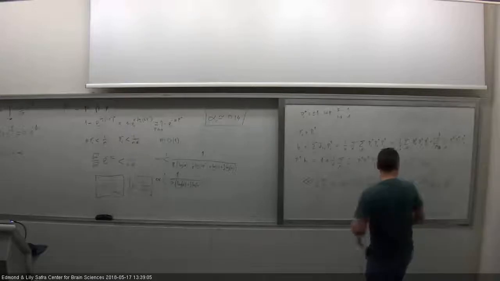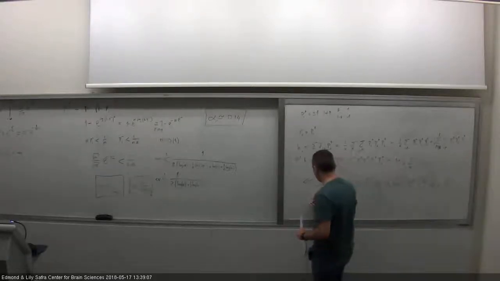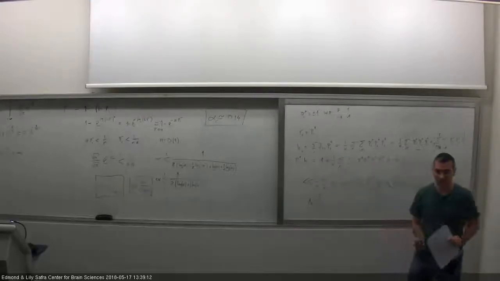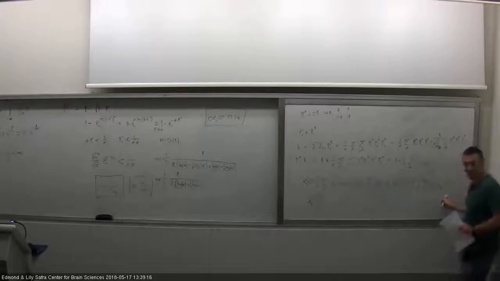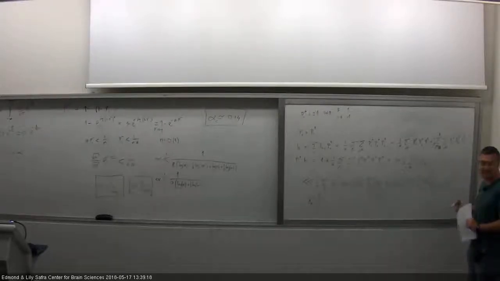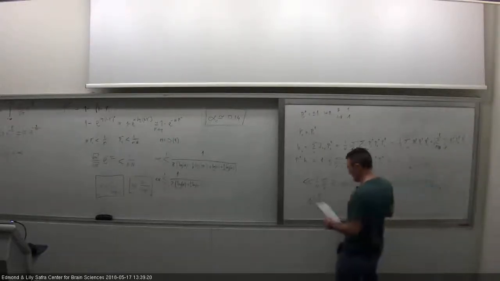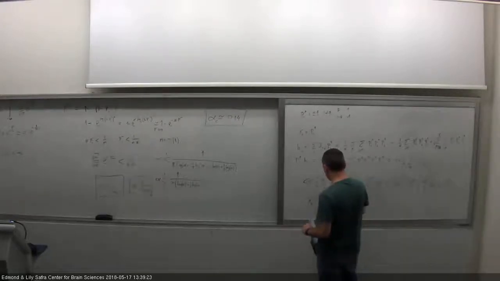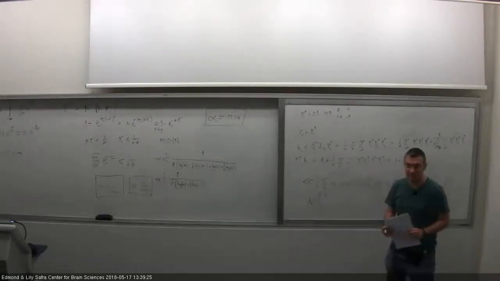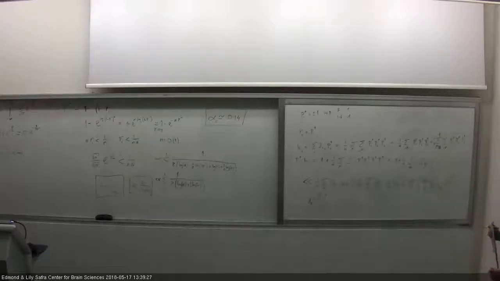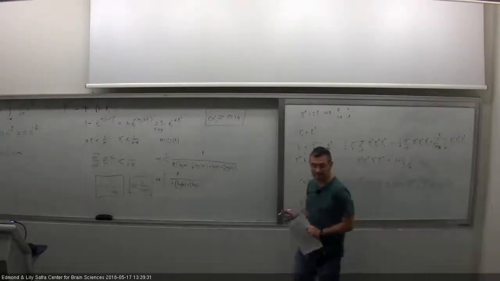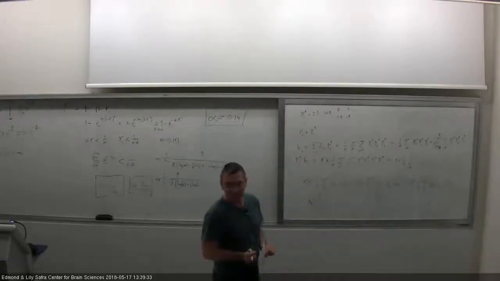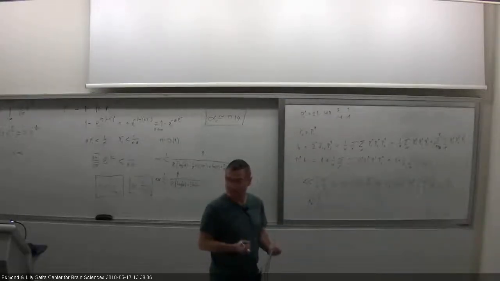So xk, what are the possible values of xk? It's a product of binary elements, so xk can be plus or minus 1. So it can be equal to 1 with some probability and to minus 1 with some probability. What's the probability of 1? Well, one possibility is that all of them are equal to 1.